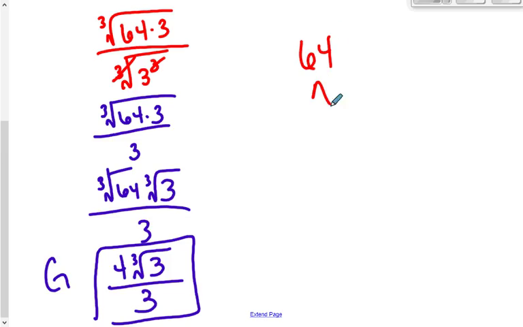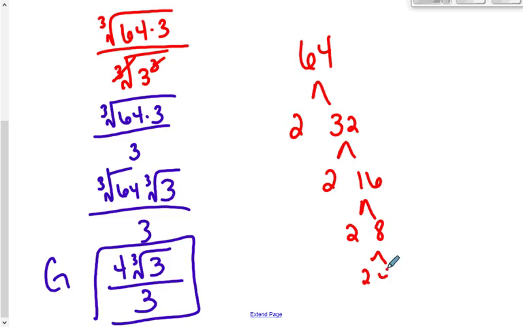Now, just in case that didn't work out and you had your 64 times 3 here, you can take a factor tree to 64. 64 is 2 times 32, and 32 is 2 times 16, which is 2 times 8, which is 2 times 4, and that's 2 times 2.